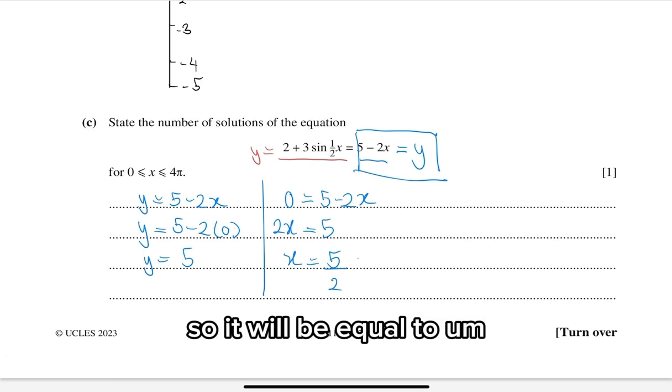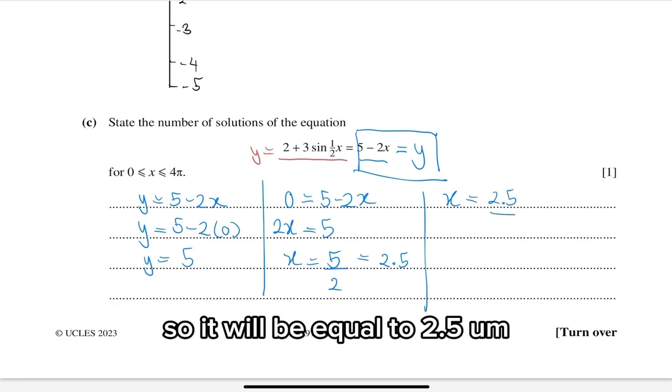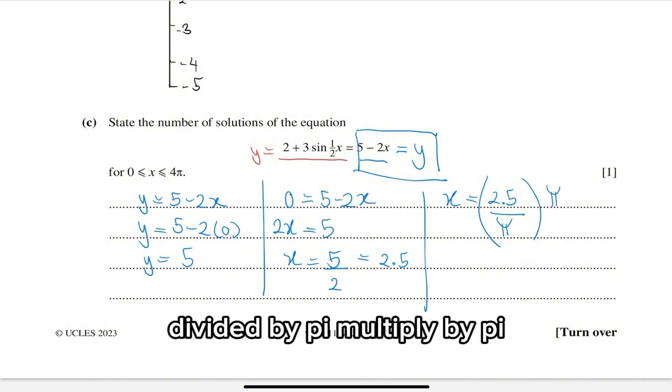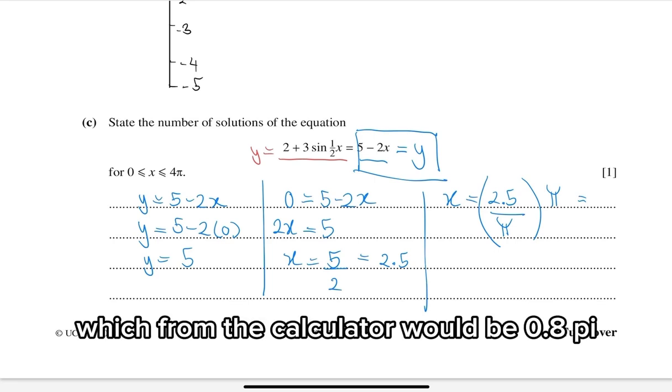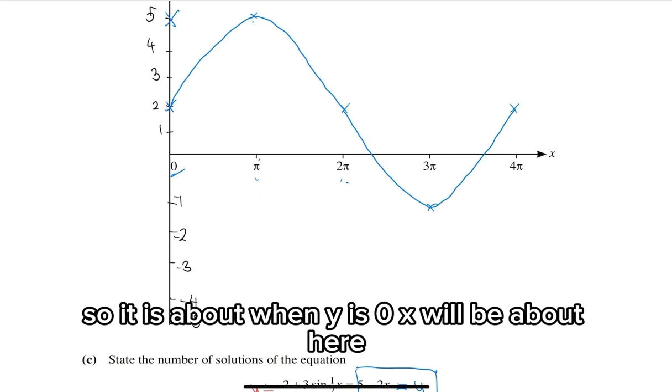So 2.5 divided by pi multiplied by pi, which from the calculator would be 0.8 pi. So when y is 0, x will be about here.